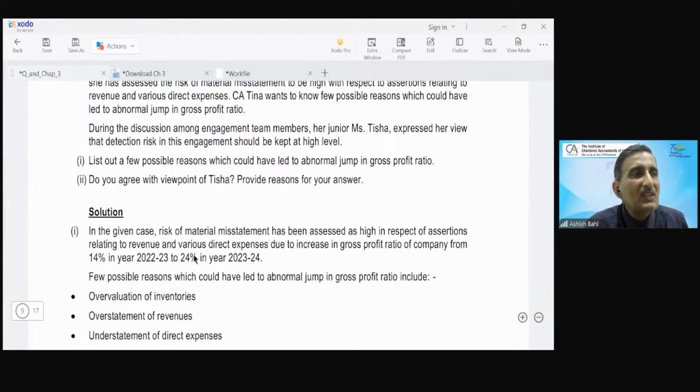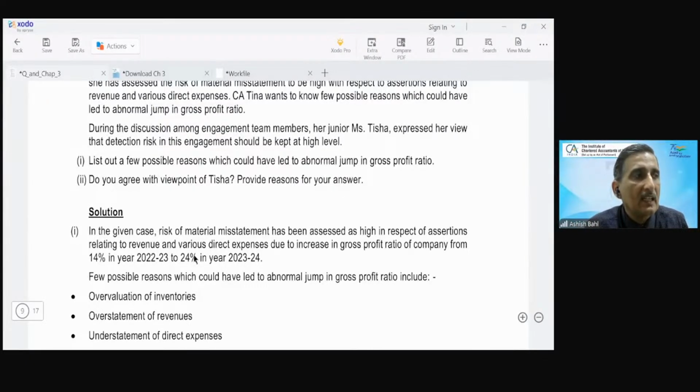Would the auditor keep detection risk at high level or low level? Yes, anybody? Send your answers.